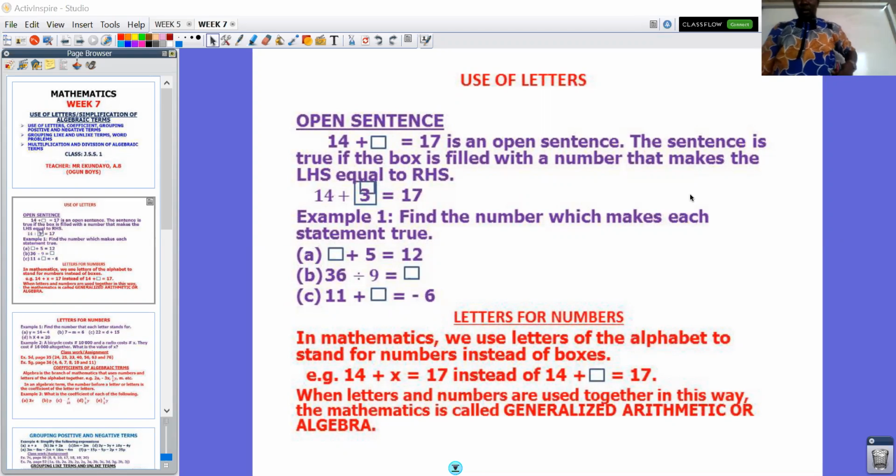Okay, let's write. Yes, let's try this use of letters, the one that we can see on the screen. I think you can see it very well. Write everything on this page.